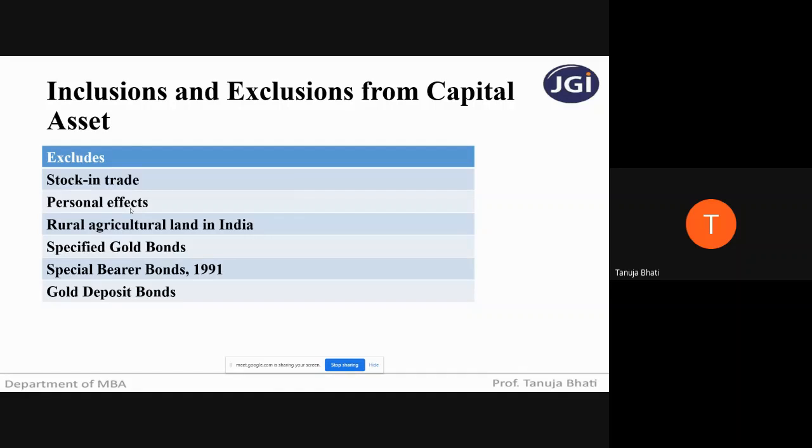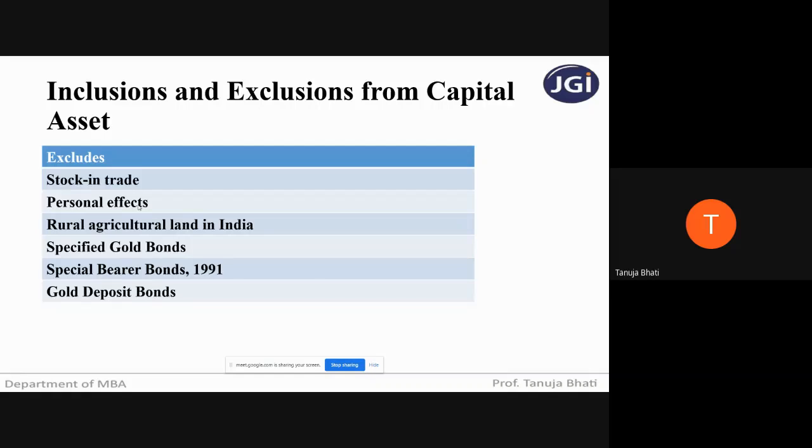Now, personal effects will exclude certain things like jewelry, paintings, sculptures, drawings, or any piece of art or archaeological collections. These will not be included in the definition of personal effects. Personal effects will have all the movable property except jewelry.